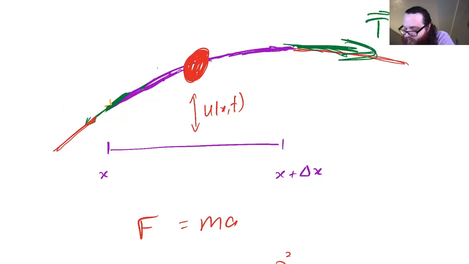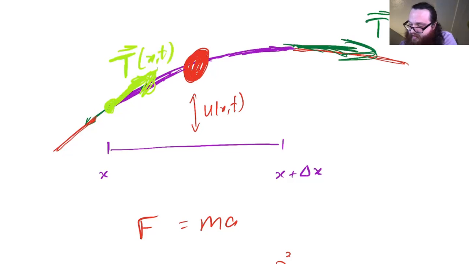Okay, so the tangent vector is going to look like this annoying neon green. That's just the tangent vector at the point (x, t). What is the actual force that's being exerted?